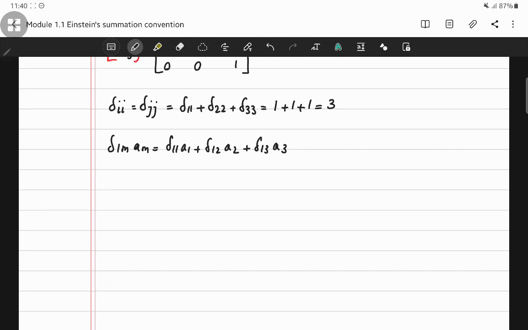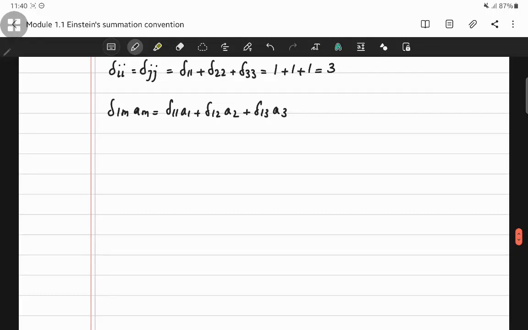So, for example, this is a part of an expression like delta im am, where I took the value i equal to 1. You can write the rest of the terms here for i equal to 2 and i equal to 3. So we will have 3 expressions, and of course 3 terms for each expression.